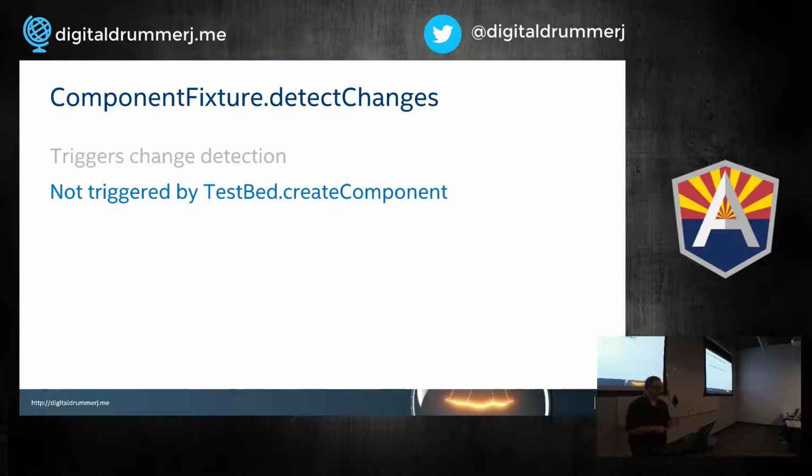By default, TestBed.createComponent doesn't trigger that for you, which sounds like a bad thing at first, but it's actually not. By not auto-triggering it, it allows you to control whether you want the actual change detection to trigger immediately, or whether there is other setup you want to do with the component before you trigger the changes. Like say I want to change the subject to something besides world, and then trigger my changes. If I went the other way, I'd have to run change detection a couple of times, which would make my actual test slower. So this way I can control it.